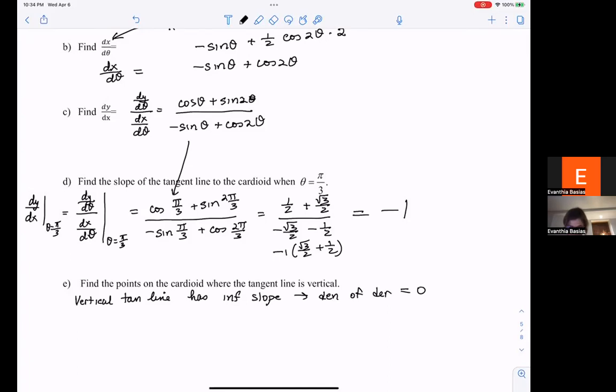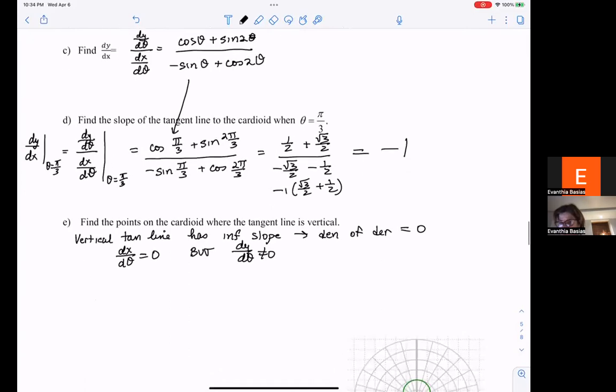So it's important to know that the denominator is dx d theta. That has to equal 0, but the numerator cannot equal 0. So we always have to check that. And that's a little more work with polars. So let's go through it.